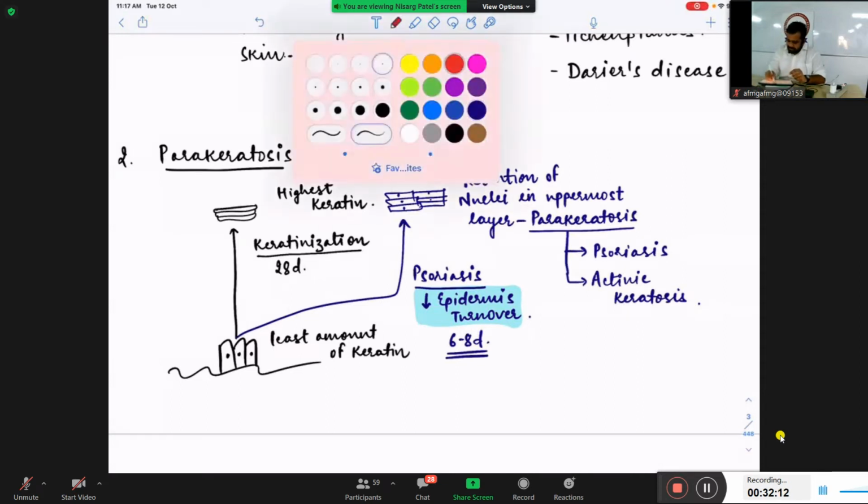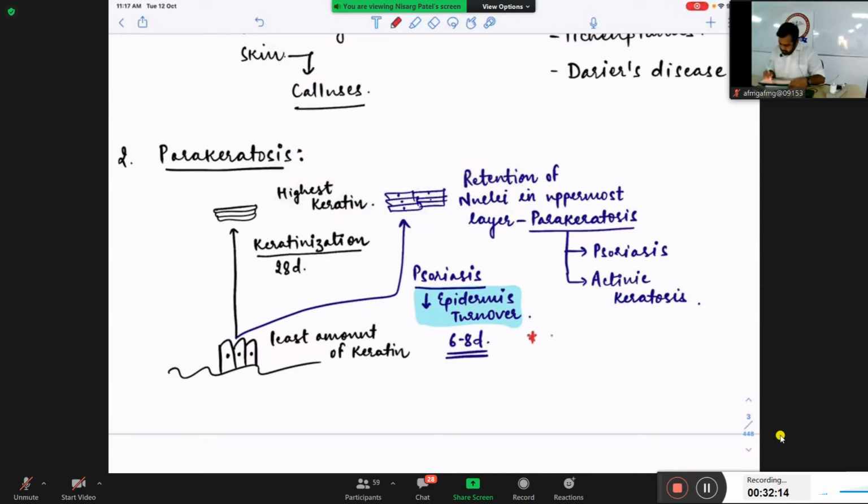So here you can remember other pathology also. Generally, the keratinocyte cell cycle is approximately 311 hours.